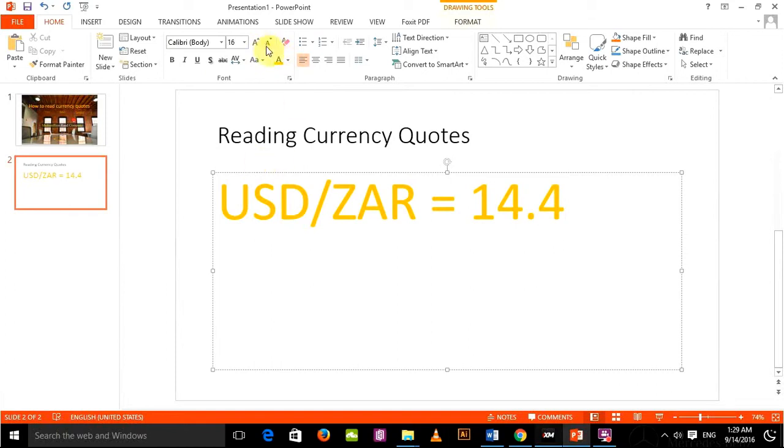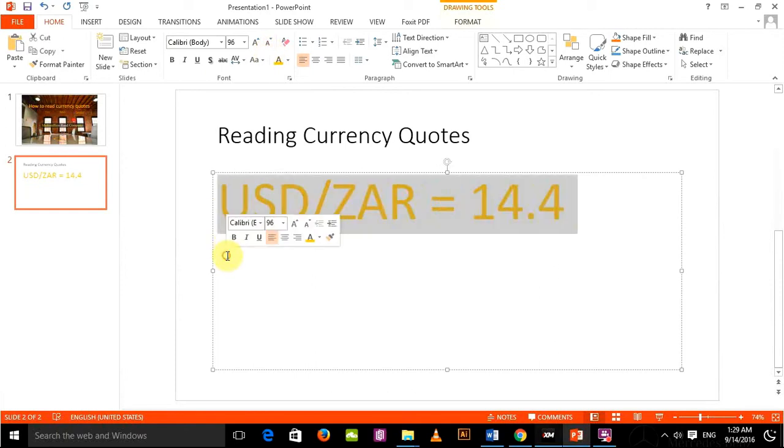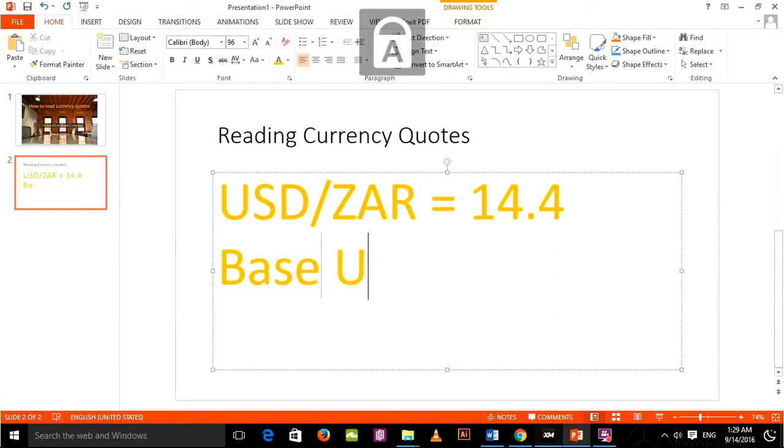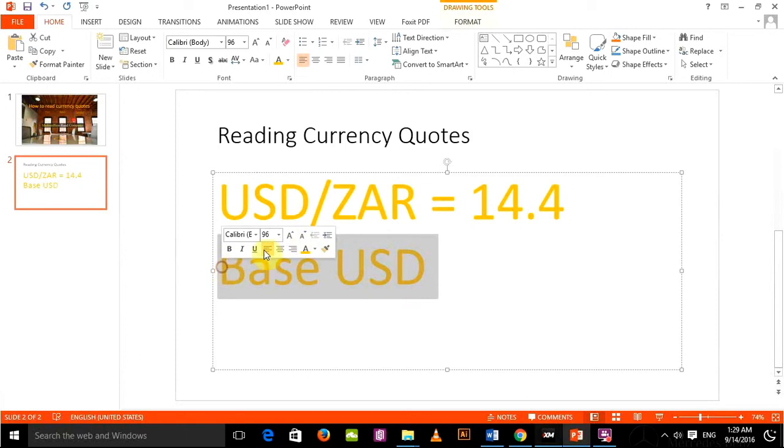The first currency, which is your USD here in the example given above, is your base currency. So your base currency in this instance is your USD. So the USD is your base currency.